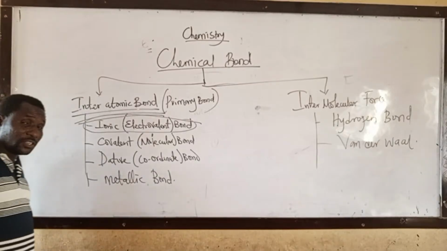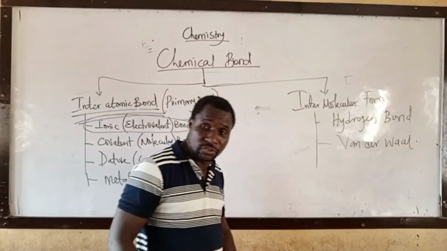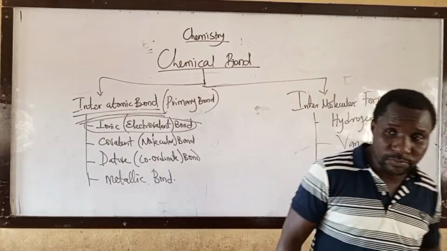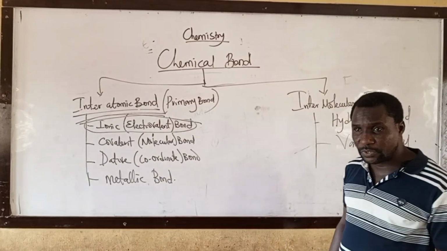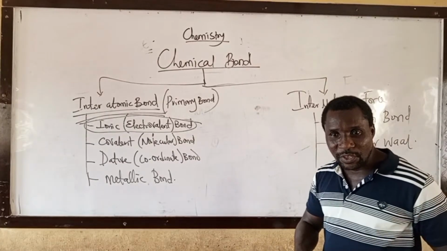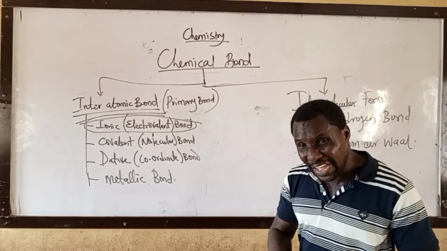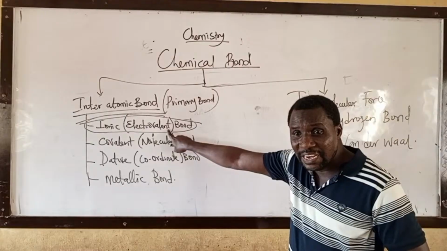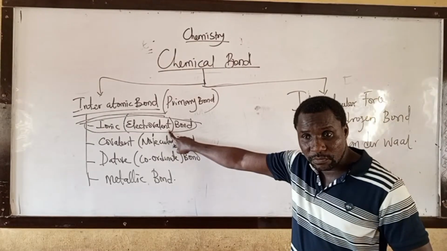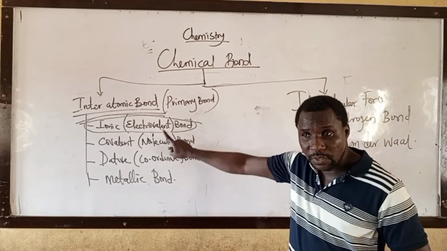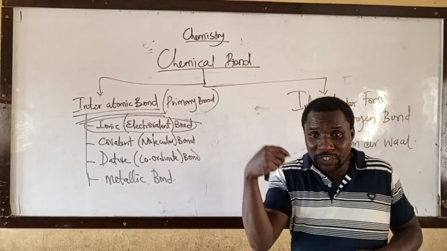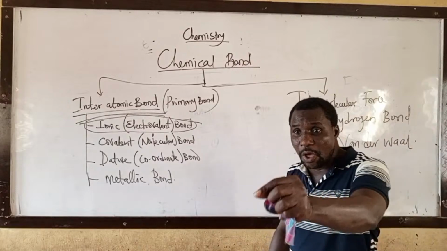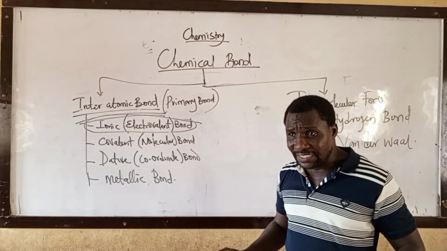When they say transfer of electron, that is electrovalent bond, ionic bond. What do they mean by the transfer of electron? One atom loses electron, the other atom gains electron.